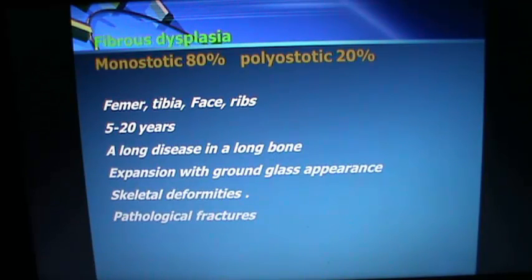Of course, fibrous tissue will result in a weak bone, and weak bone can be bowed, deformed, or can result in pathological fractures, and pathological fractures will heal with unhealthy tissue due to underlying fibrous elements. Pseudoarthrosis can result. This is the whole story of fibrous dysplasia.